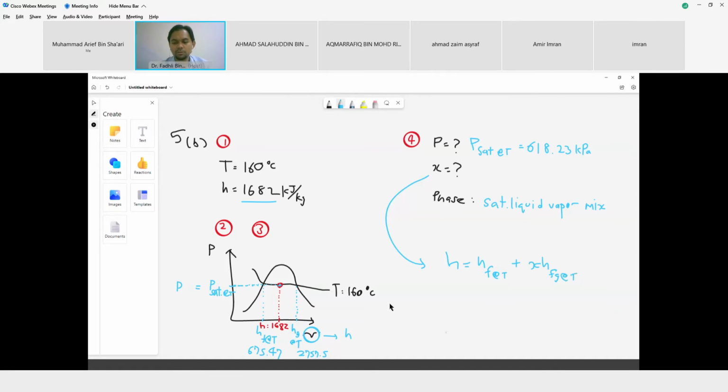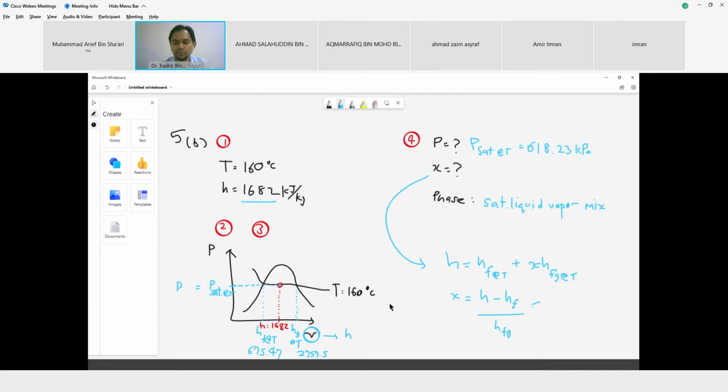So we have all the values, then we can find X. X is H minus HF divided by HFG. Okay, so what's the answer?